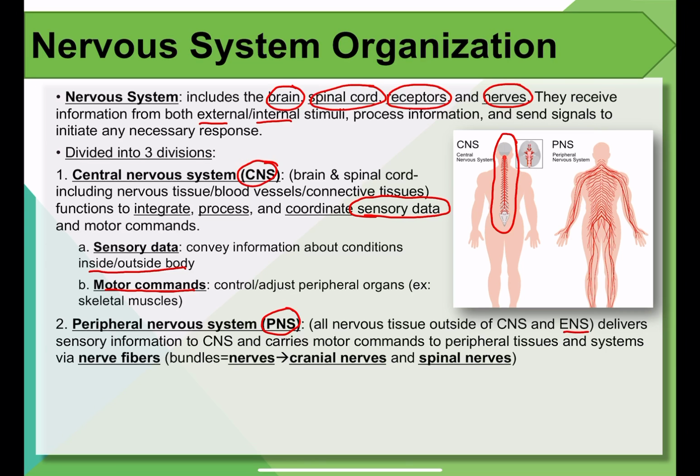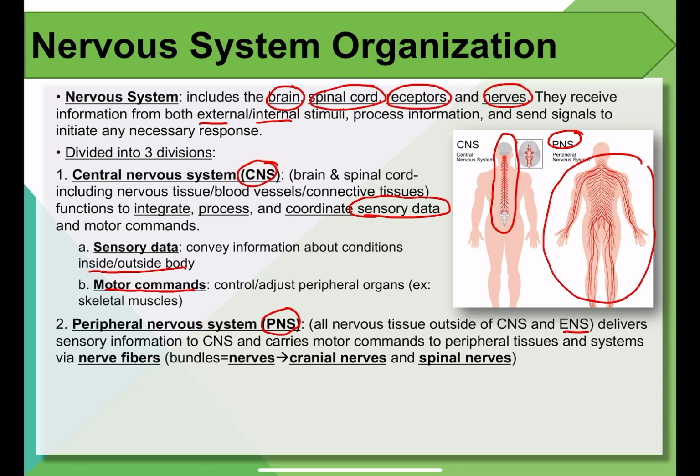So everything that is not included in the central or the enteric nervous system is part of the peripheral nervous system. This is why you're seeing a lot of red here in the body, because it includes everything else that's radiating out from the spinal cord toward your peripheral limbs, whether upper limb or lower limb.